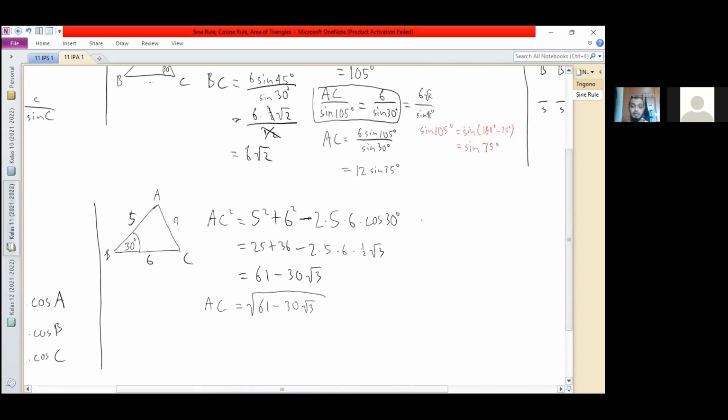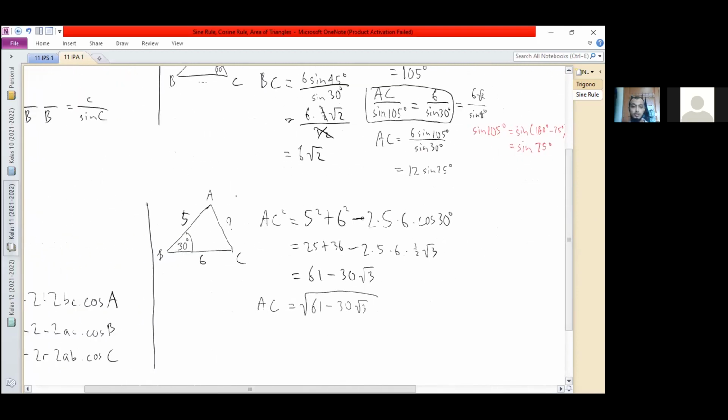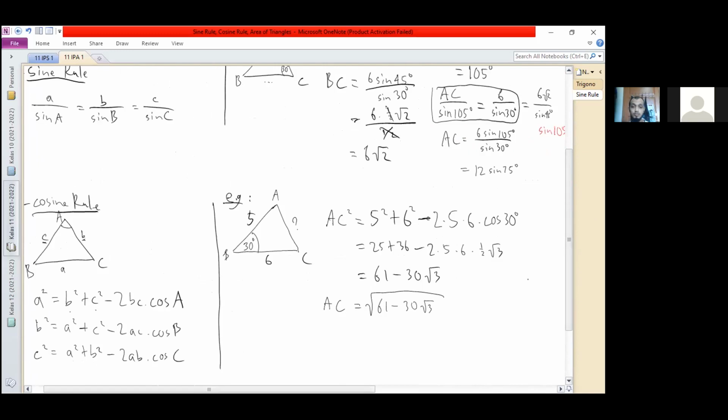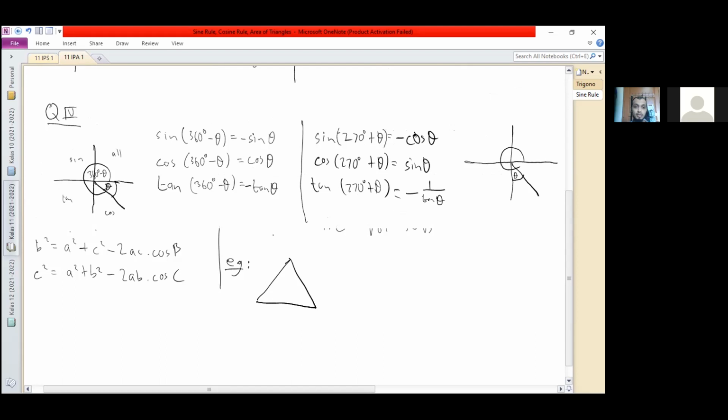Another example is, let's say, again we have a triangle, and now we want to find the angle. Let's say now we have all of the sides.